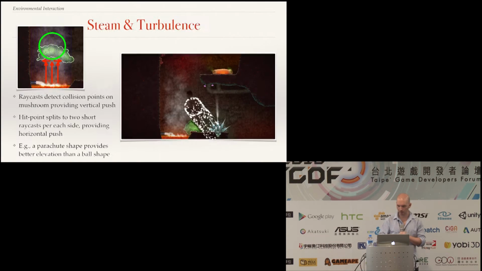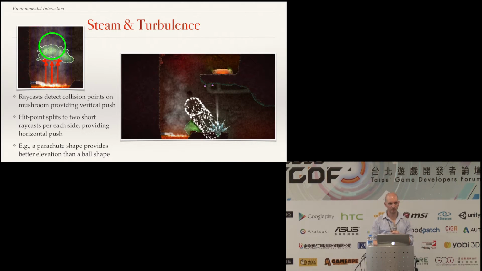One of my favorites is the steam. The way it works is that various raycasts are applied upward in the direction of the steam, and it detects all the collision points and provides some elevation to each one of those points. Then each one of those hit points creates a split, and it splits sideways.